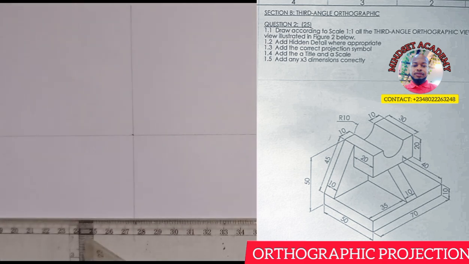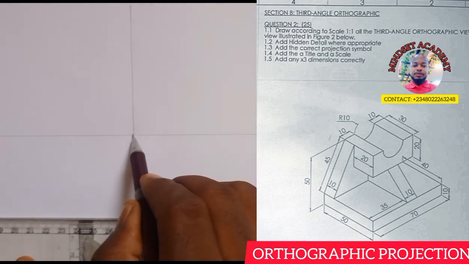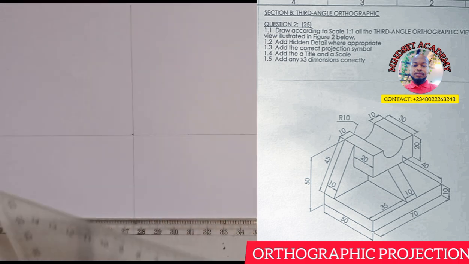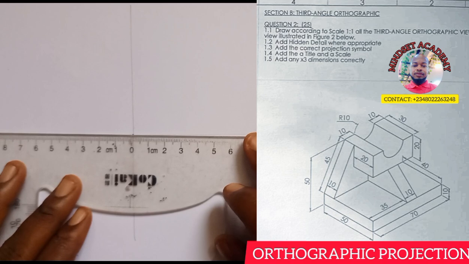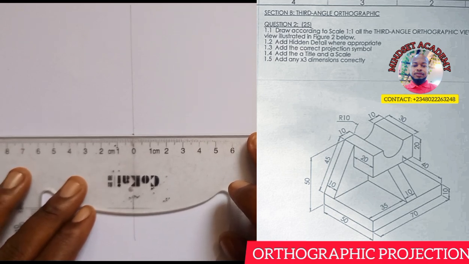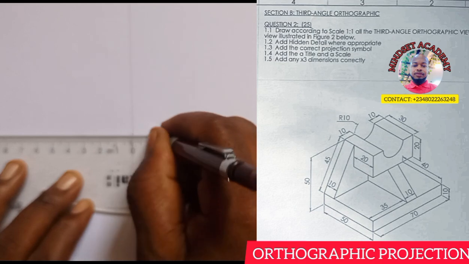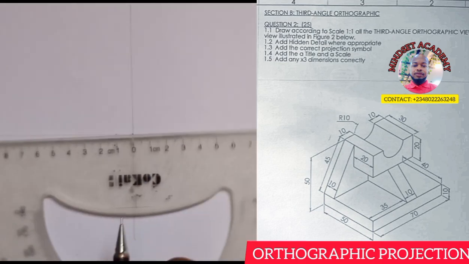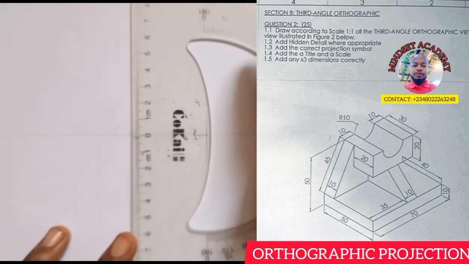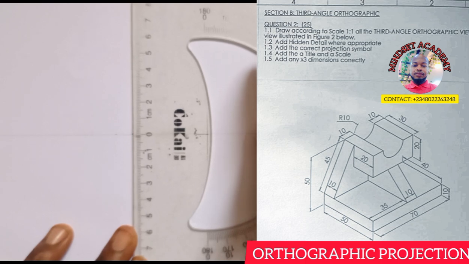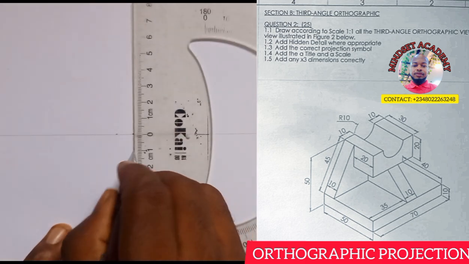So this is where they are meeting. Now you measure a distance of 10 millimeter away from the center, or you can use 5, whatever dimension of your choice. So from here, this is 10, this is 10. I'll do the same thing here too. This is 10, this is 10.